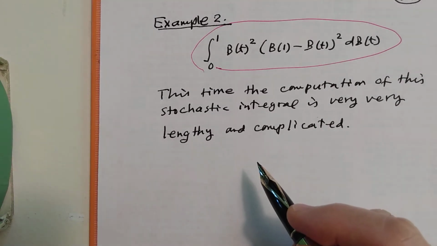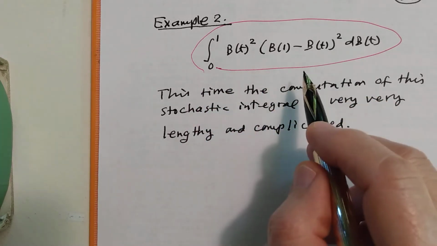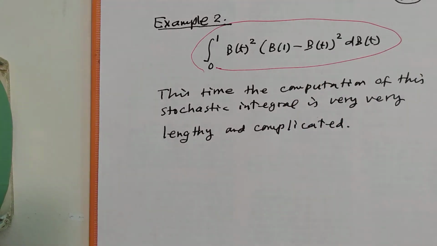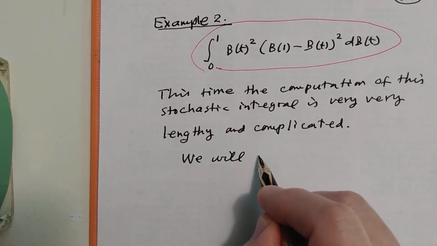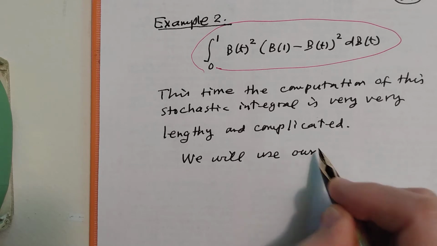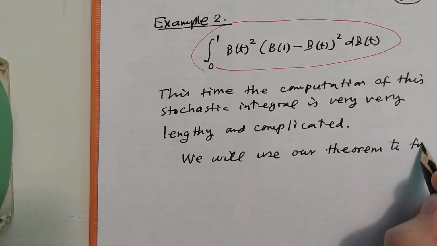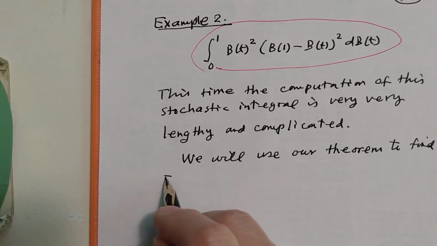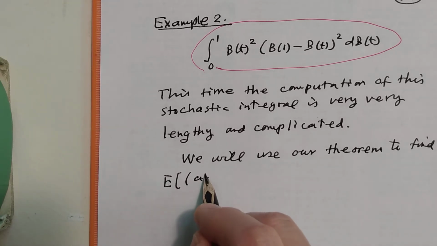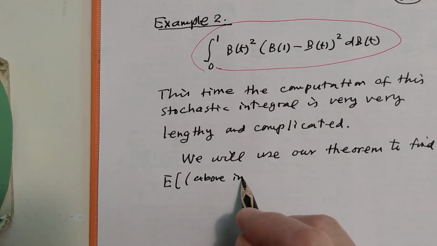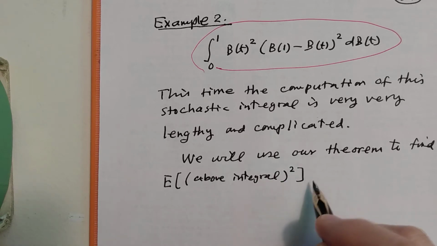And so to compute the expectation of the square of this, even more tedious, we will use our theorem to find the expectation of this above integral squared.